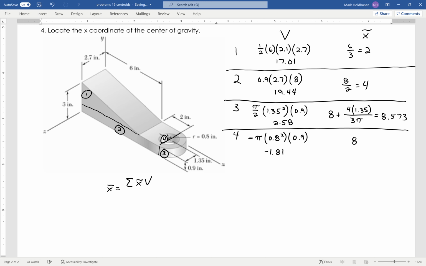Okay, so from this, I can go ahead and find my x location just by taking each centroidal location times each volume and dividing that by the total volume.